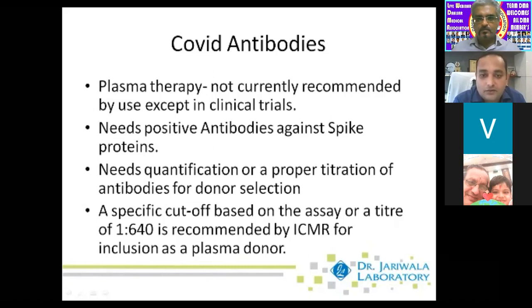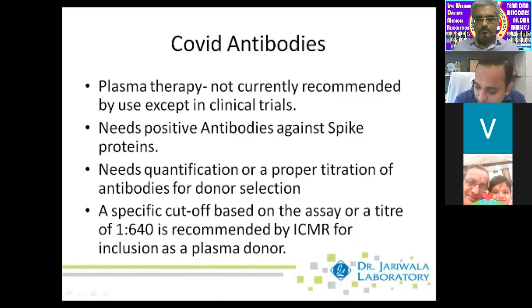Now, this titration or identification of antibodies can be done only by a lab which is either using the spike protein assay or doing a plaque reduction neutralization test, which is not available currently in India. So it is up to the blood bank which is collecting the sample to verify or ascertain the level of the spike antibodies before they select the patient as a plasma donor.